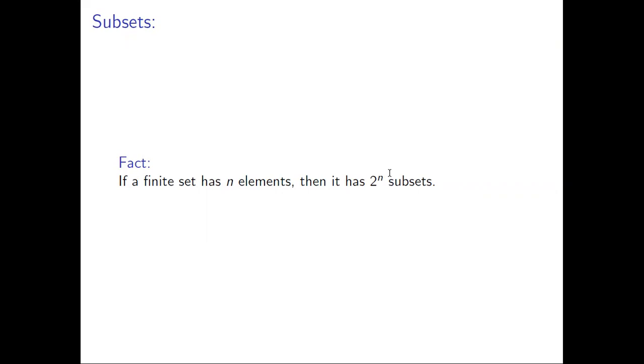So this is a really nice fact to use, because given any set, as long as you know how many elements the set has, you can automatically determine right away how many subsets it will have, meaning how many different possible subsets it will be possible to make using this set.